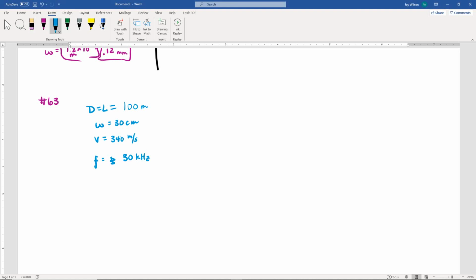So this problem requires us to find the wavelength. This is a two-step problem as well, just like the last one. To find the wavelength, I know that speed is wavelength times frequency. So 340 equals wavelength times 30 times 10 to the third, because it's 1,000 hertz per kilohertz.